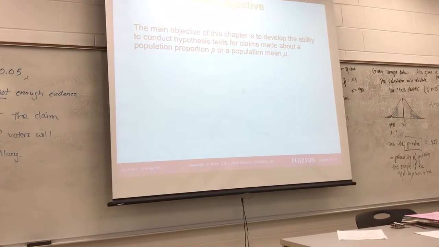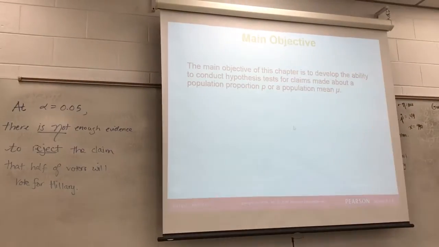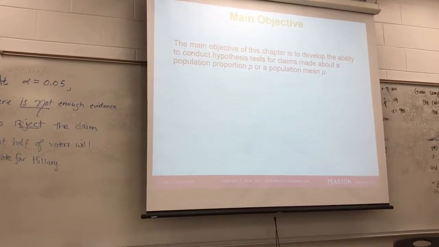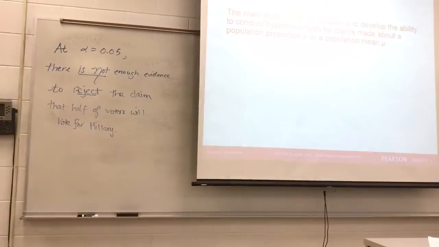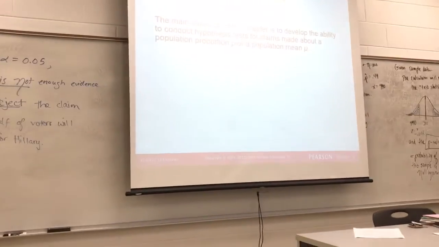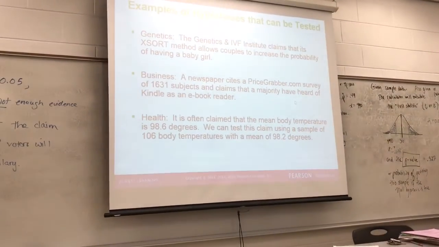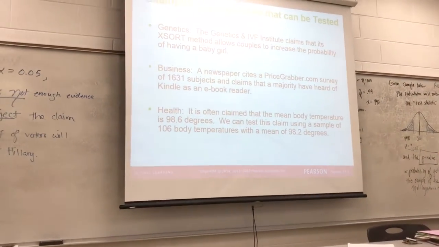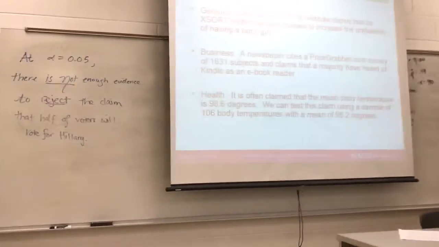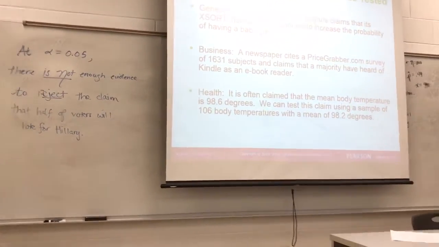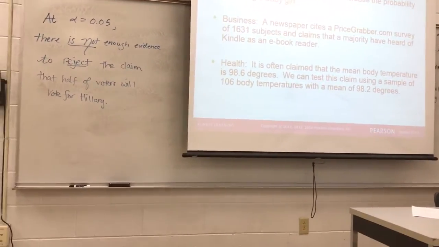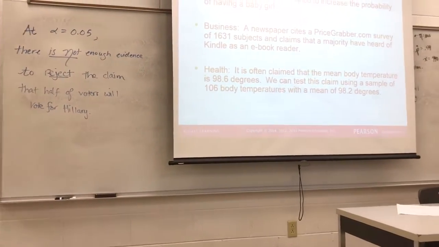And the main objective is to develop the ability to conduct hypothesis tests for claims made about a population proportion p or a population mean mu. Here's some examples. In genetics, the Genetics and IVF Institute claims that its XSort method allows couples to increase the probability of having a baby girl.